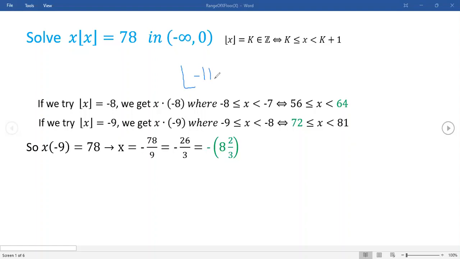And this does read the floor of minus 11.2.